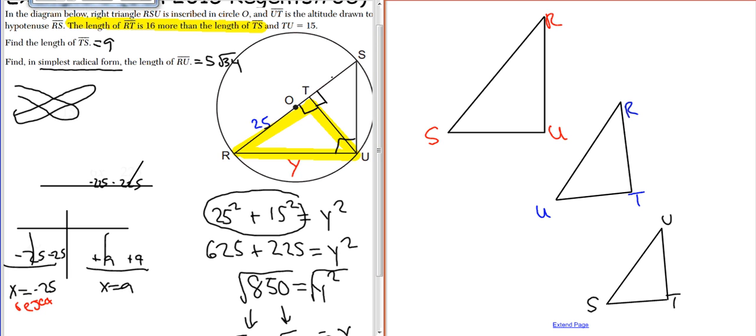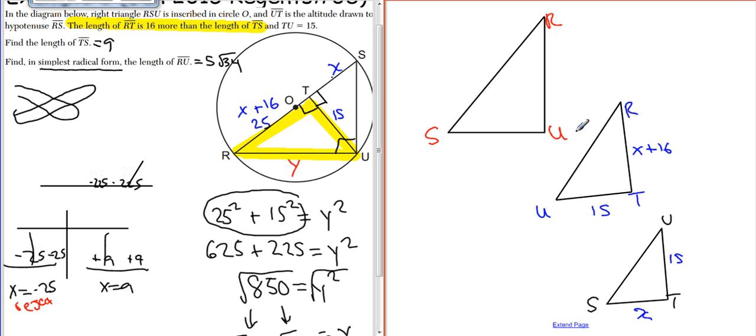All right, now recall this was x plus 16 originally, and this was x, and this was 15, right? So ST is x, and UT is 15 for the little triangle. And for the medium triangle, RT was x plus 16, and TU was 15.